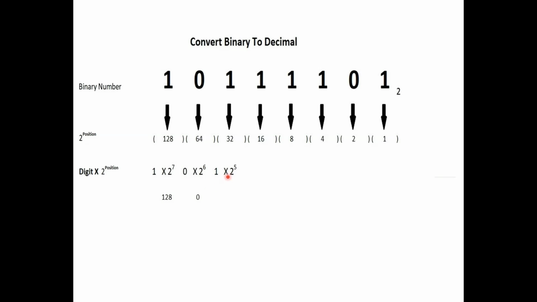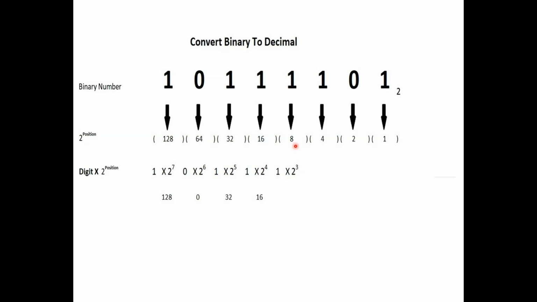For position 5, 1 times 2 to the power of 5. 2 to the 5 is 32, times 1 is 32. For position 4, 1 times 2 to the power of 4. 2 to the power of 4 is 16. Times 1 is 16. For position number 3, 1 times 2 to the power of 3.